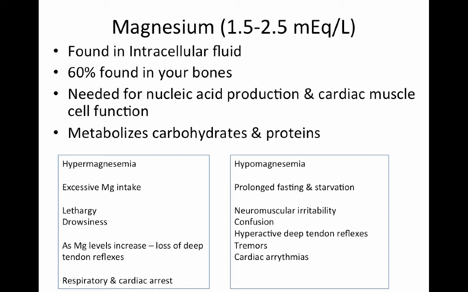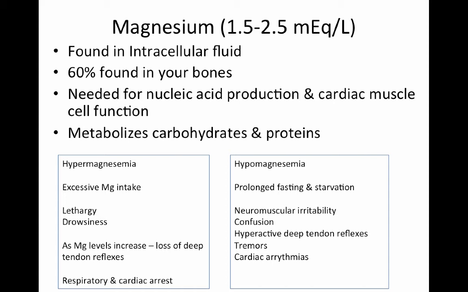So patients with renal failure shouldn't take them because they won't be able to excrete the excess magnesium. High serum magnesium depresses neuromuscular and central nervous system function. Initially patients will become very lethargic and drowsy, and as those levels increase, it leads to a loss of deep tendon reflexes, and ultimately respiratory and cardiac arrest from too much magnesium, or hypermagnesemia.